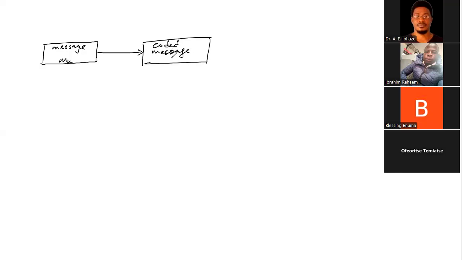Let's call this C sub N since it's going to give us the code word. The code word can go right into the transmission channel.